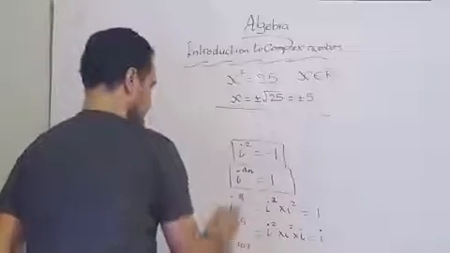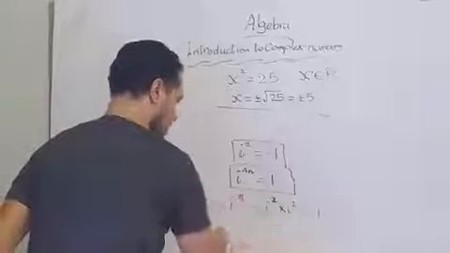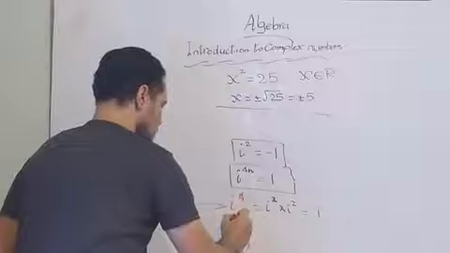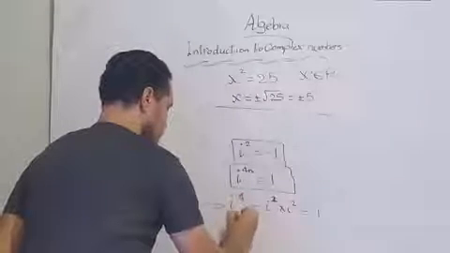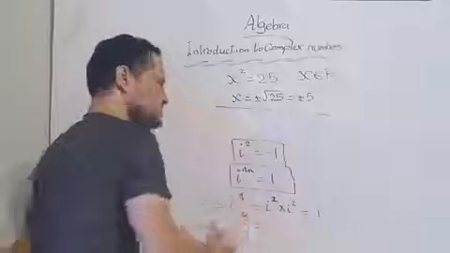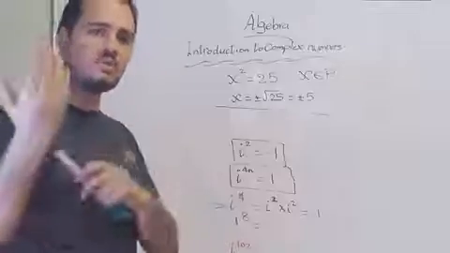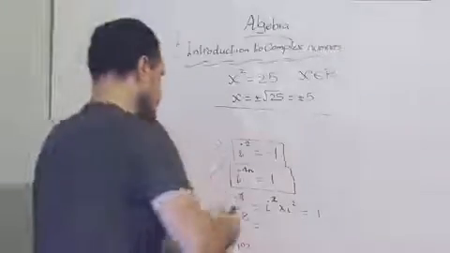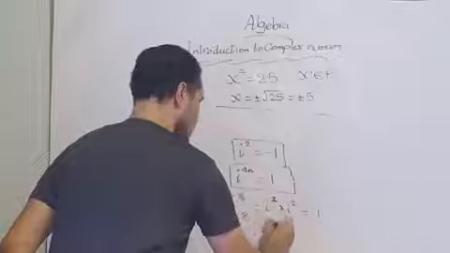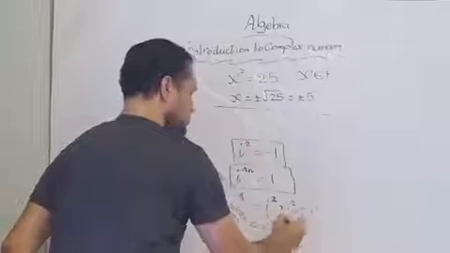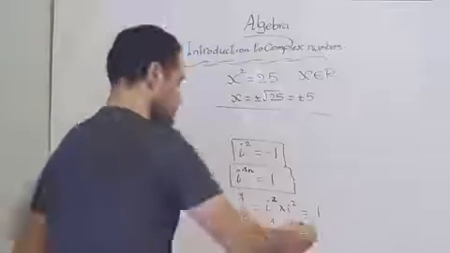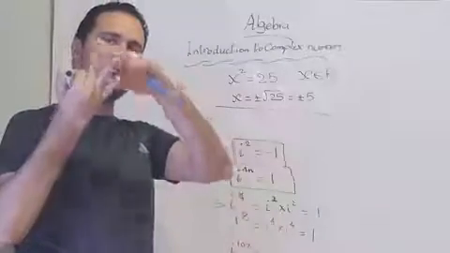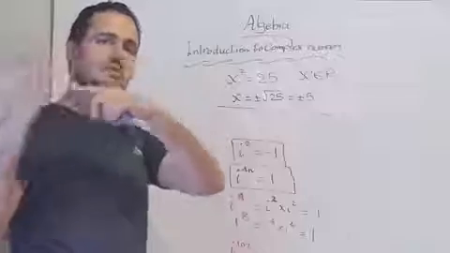Let's test it. i⁴ is already 1. i⁸, let's expand it as i⁴ times i⁴. It is 1 times 1 equals 1. i¹² is i⁴ times i⁴ times i⁴, 1 times 1 times 1, and so on.